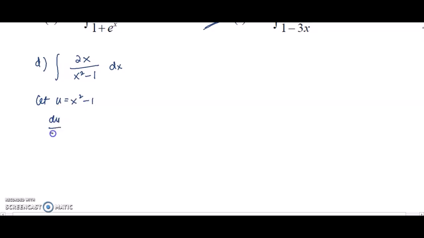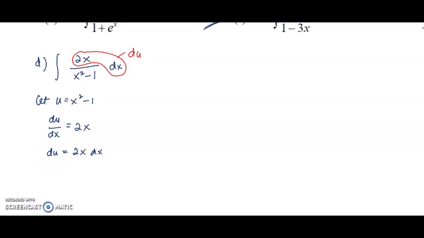Then you can get your du dx, which is 2x. I can see that 2x appears in my question. So 2x dx can be substituted as du later on. You can see the 2x here combined with the dx. I'm going to replace it by du.